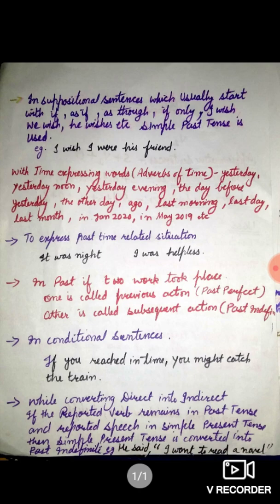If he works hard, he will pass the exam. This is the example of first condition. In the subordinate clause, present indefinite tense is used, but in the principal clause, will, shall, can plus V1 is used.